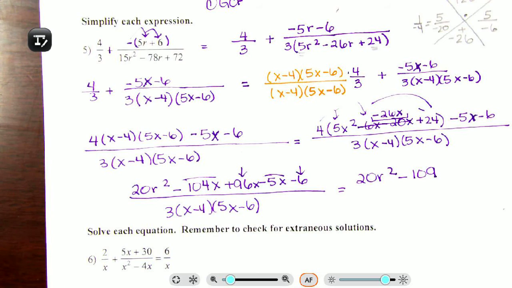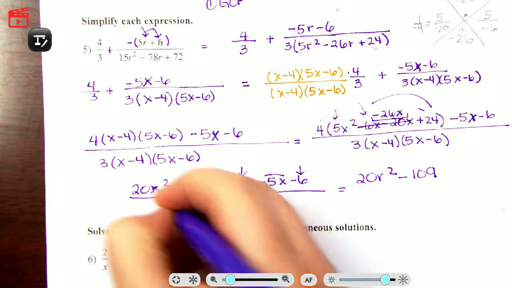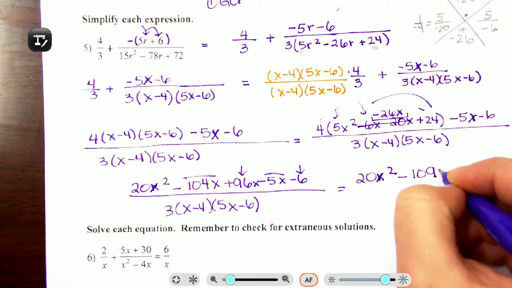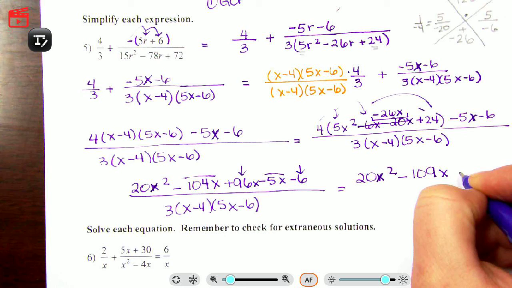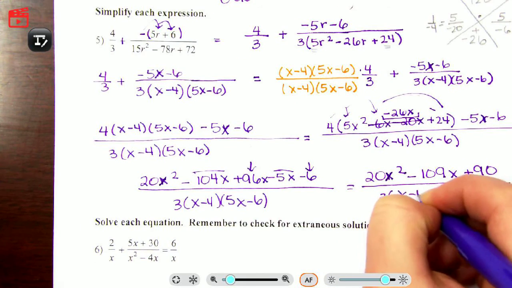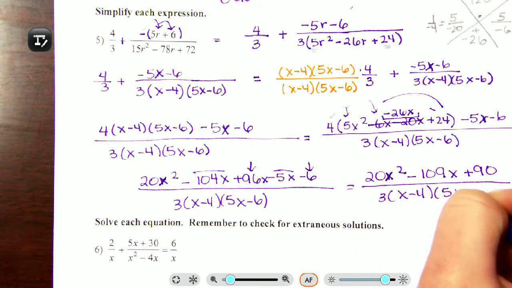Keep it consistent, I'm going to change it to x. This is an x, this is an x, and this is plus 90. And this is all over 3 times x minus 4, 5x minus 6.